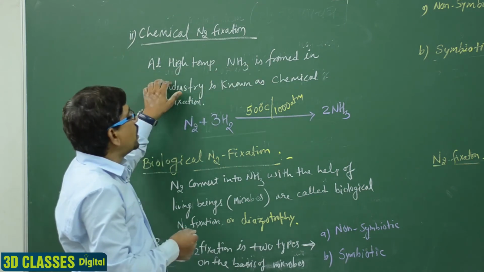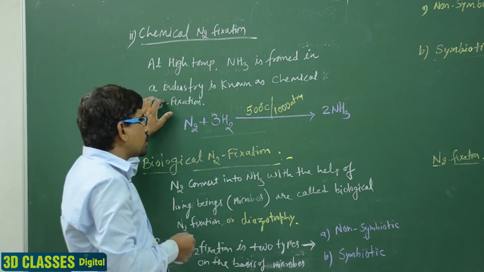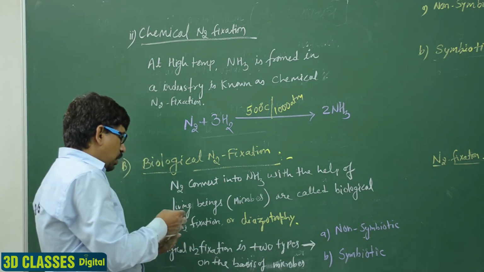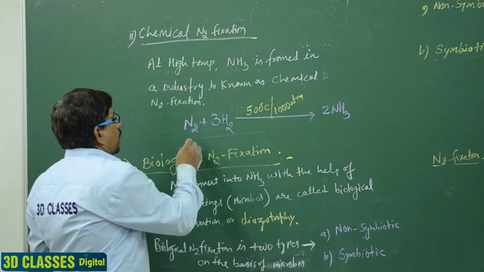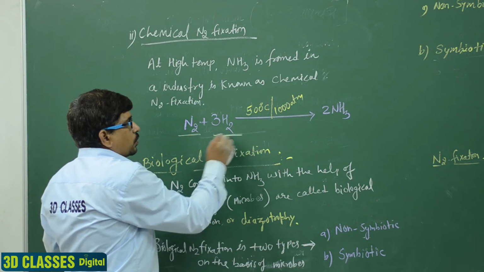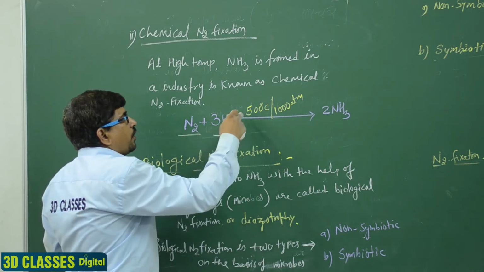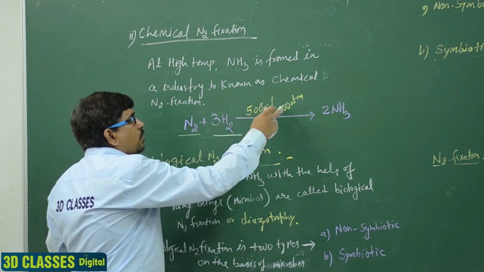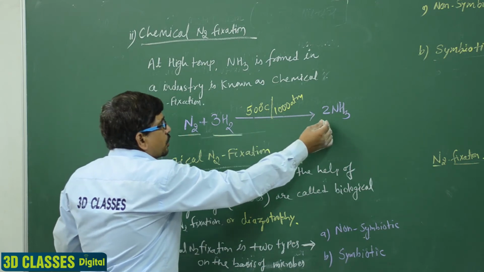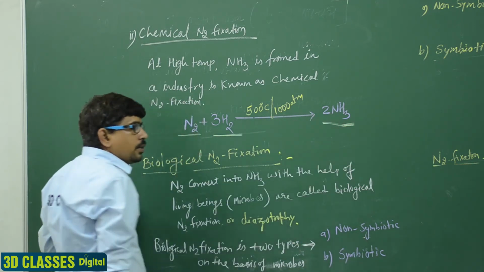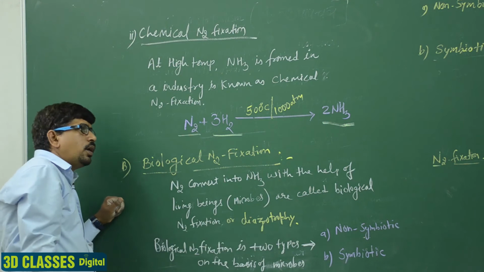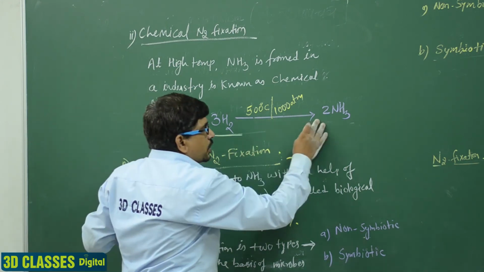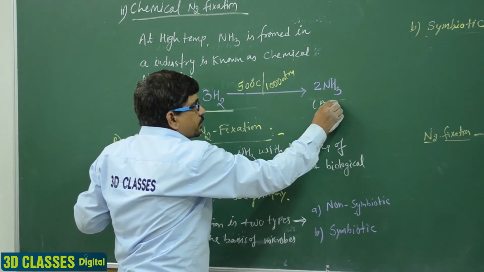This is known as chemical nitrogen fixation, and the reaction is like this: N2 plus 3H2, at 500 degrees centigrade temperature and 1000 atm pressure, converts to 2NH3. Clear? So nitrogen to ammonia.